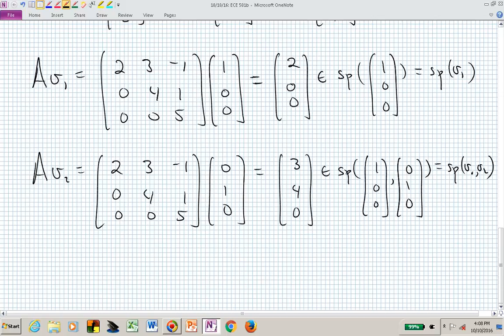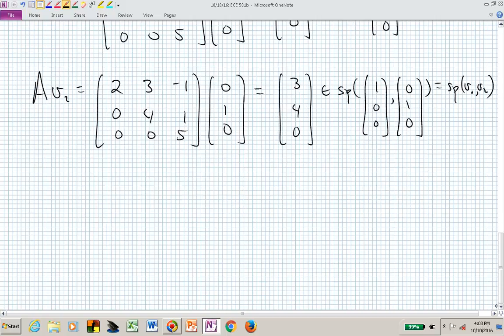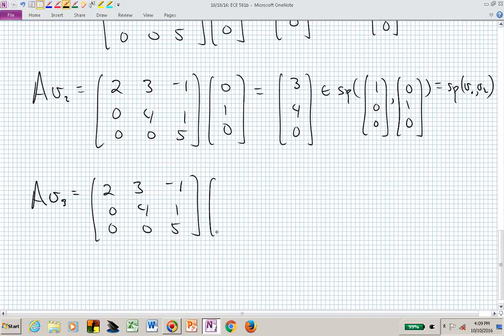and more of our basis vectors to represent that vector, or that vector result lies in the span of more and more basis vectors. And finally, if we look at AV sub 3, we're now pulling off the last vector in the A matrix, which is minus 1, 1, 5, and that we can create as a linear combination of all of our basis vectors.